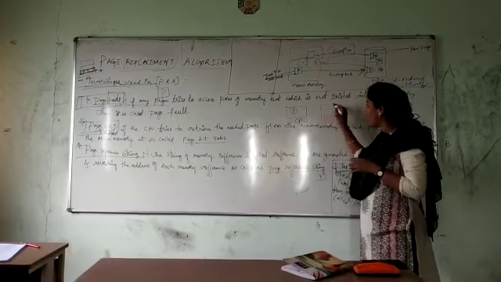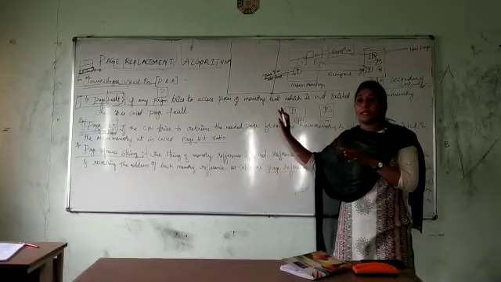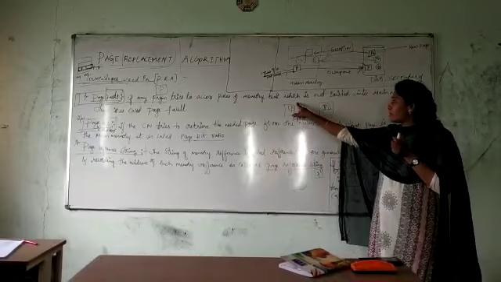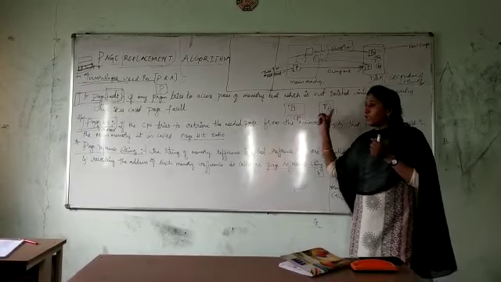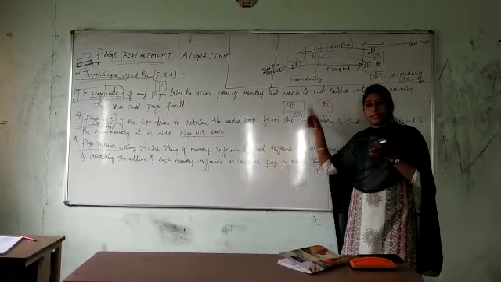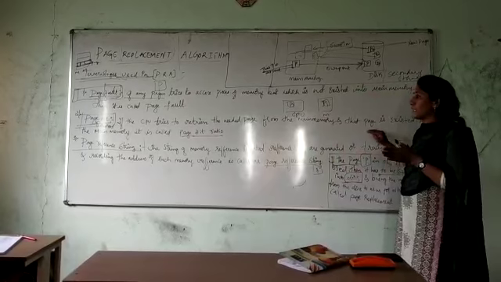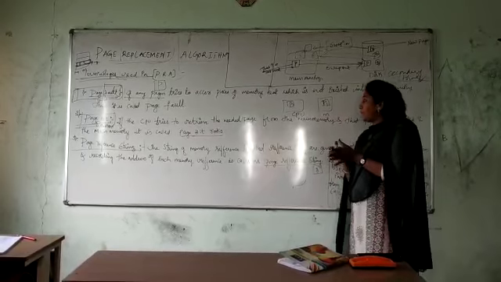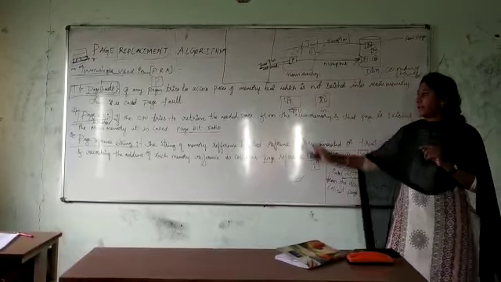Whatever page is in the CPU, the same page is in the main memory. Here is also P1, here is also P1. The CPU is having the same page, main memory is also having the same page. Means is it not a duplicated copy? It is existing in both. That's why that kind of page we say is a hit. Means repetition of the page which is existing between CPU and the main memory. That is called hit ratio.